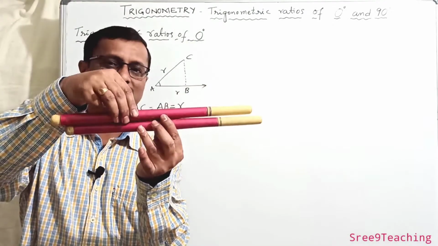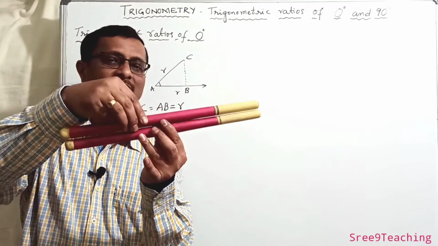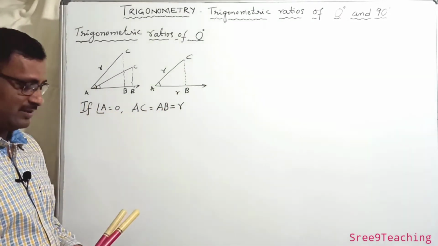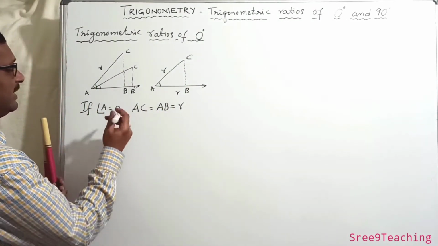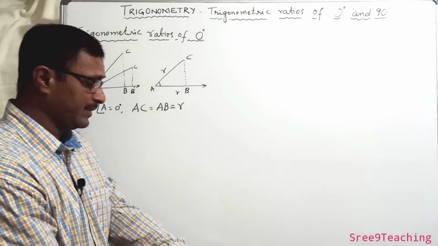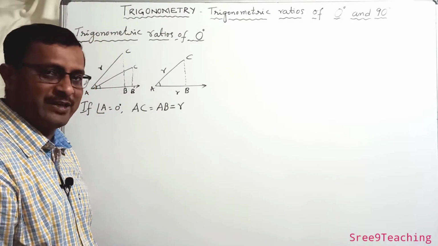You understood this, right? Now AC became AB, which is equal to R, when the angle is 0 degrees. Now let us apply trigonometric ratios.